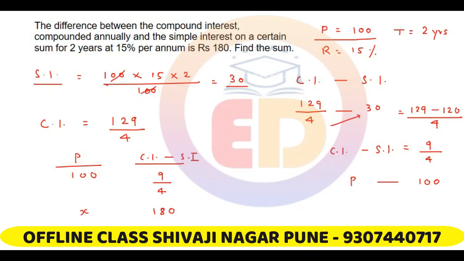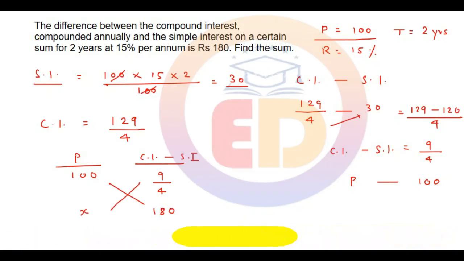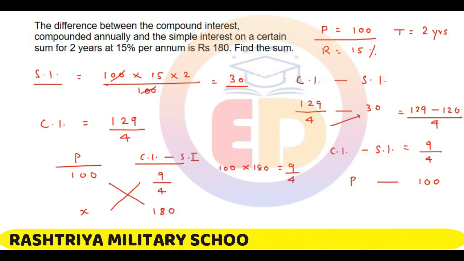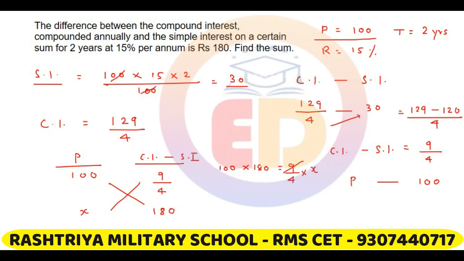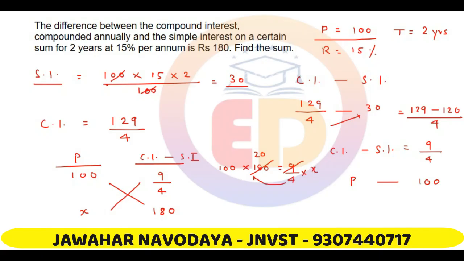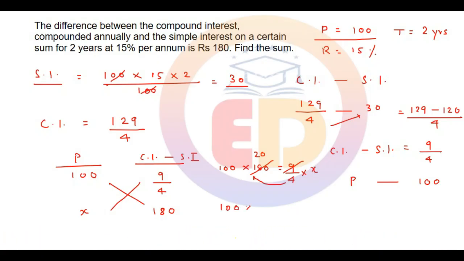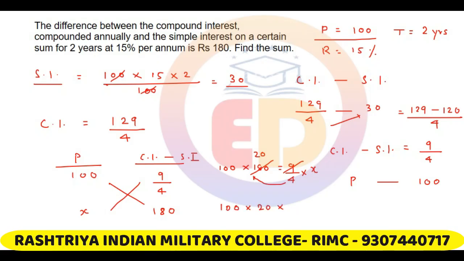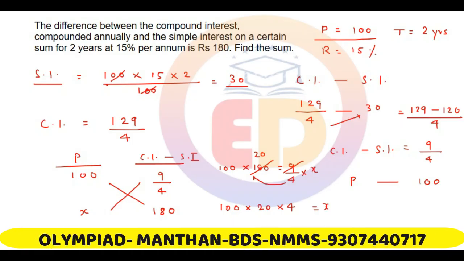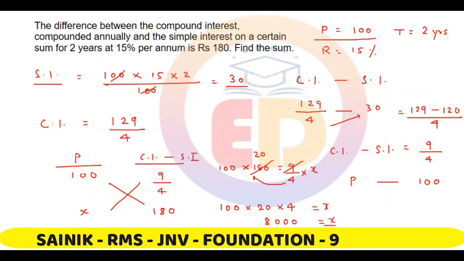Let's cross multiply and find out. This will be 100 multiplied by 180 equals 9 by 4 multiplied by x. Cancel the 9 and 180. This is 20. Take the 4 here. It will be multiplied. My answer will be 100 into 20 multiplied by 4, which will give us 8,000. So our principal amount is rupees 8,000.